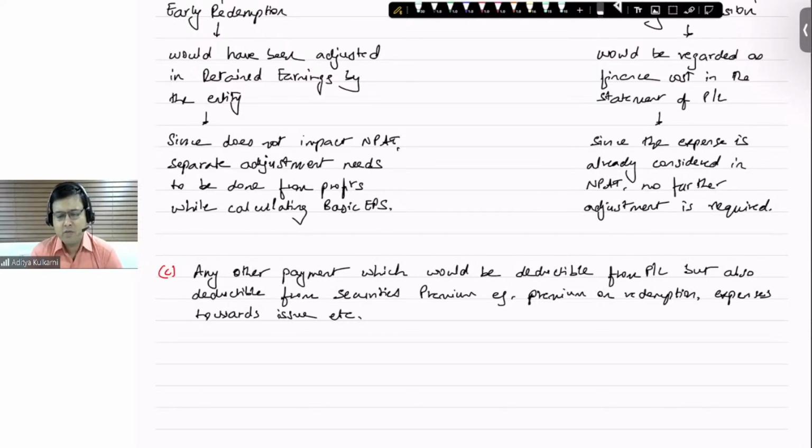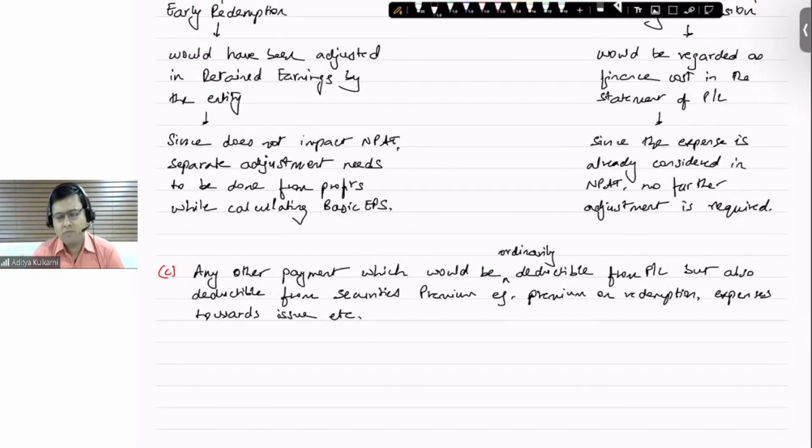Any other payment which would be deductible from P&L and also from securities premium, for example, premium on redemption, expenses towards issue, etc. These are the matters that would ordinarily be deductible, but also deductible from securities premium.